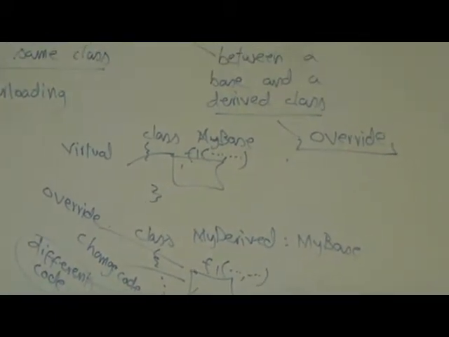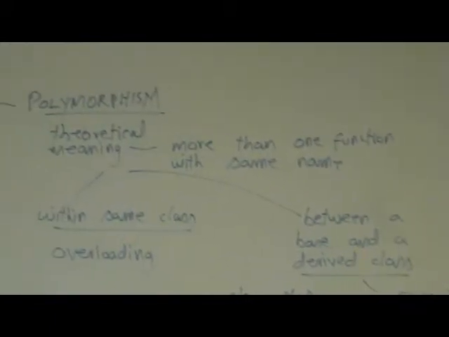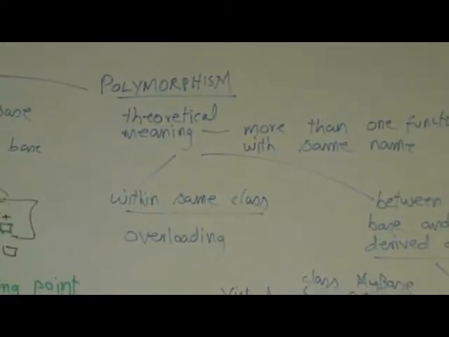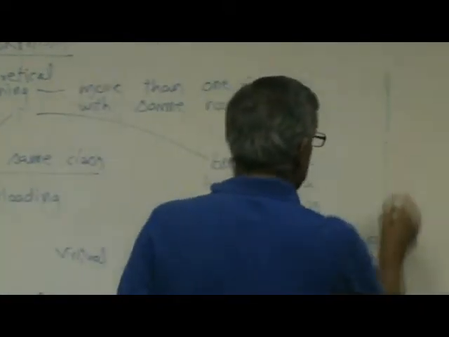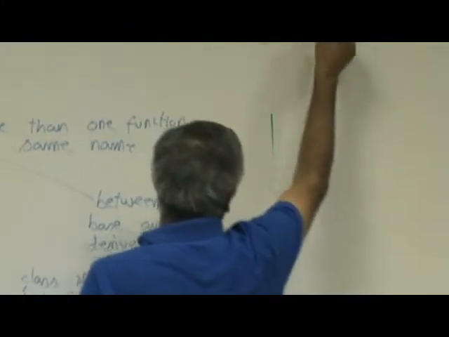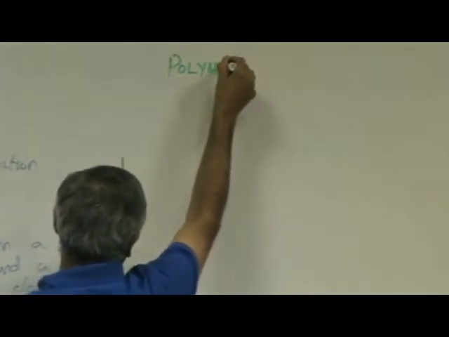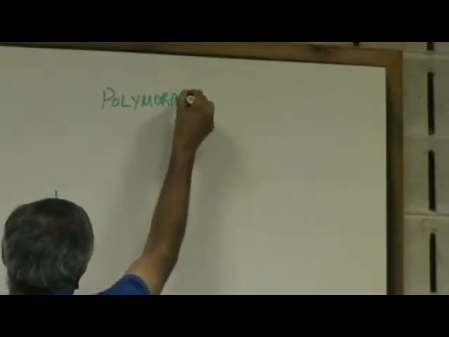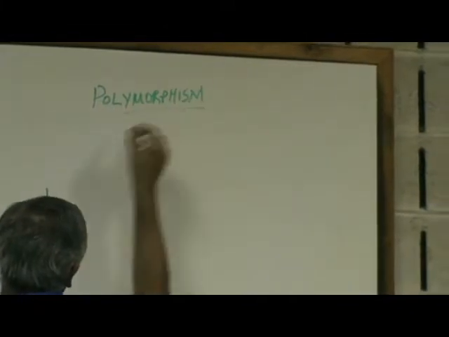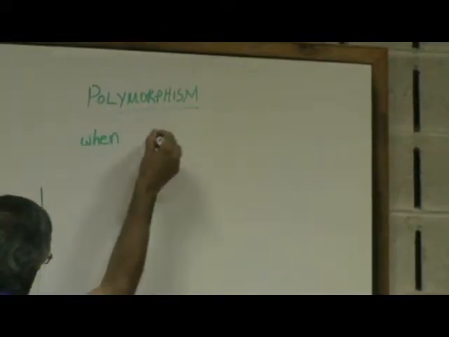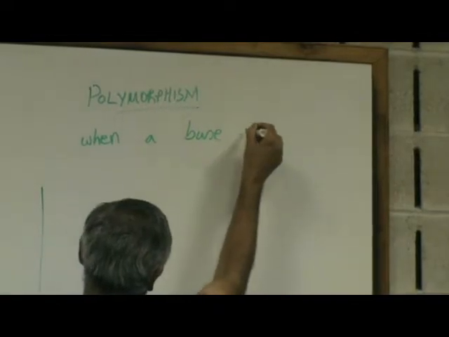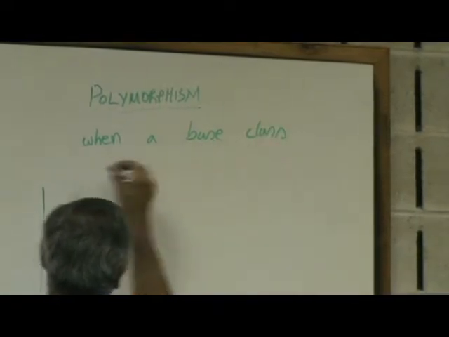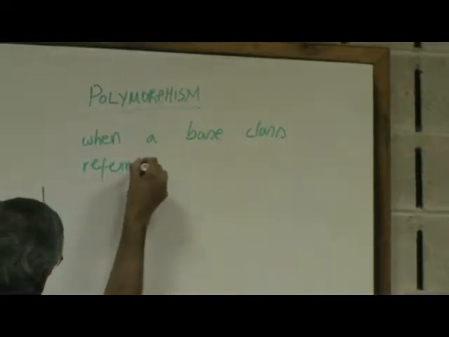So anyway, these were the theoretical meanings of polymorphism, right? On the more practical side, polymorphism, as we discussed in the last lecture, occurs when a base class reference is used to point to a derived class object.